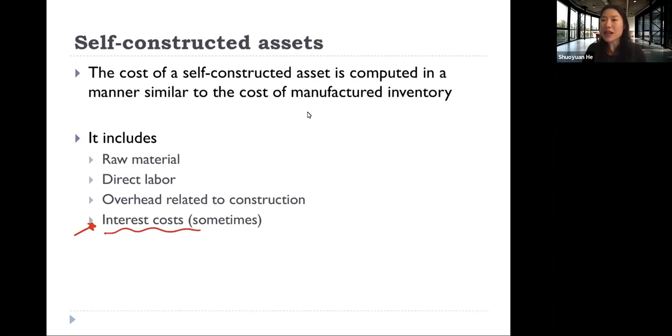However, if that money is used in self-constructing an asset, the firm may capitalize part of that interest expense. Or in other words, instead of expensing it in the current period, the firm may put it in the cost of the asset and depreciate it gradually later. So this is the interest cost, which is a little bit specific to the self-constructed fixed asset.